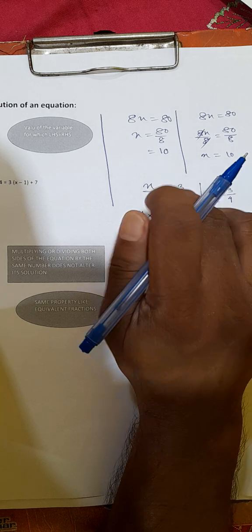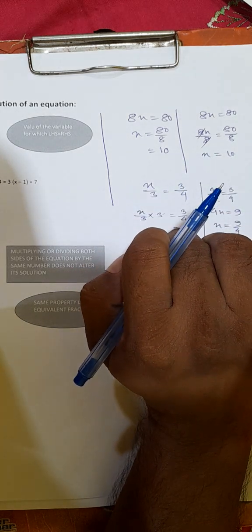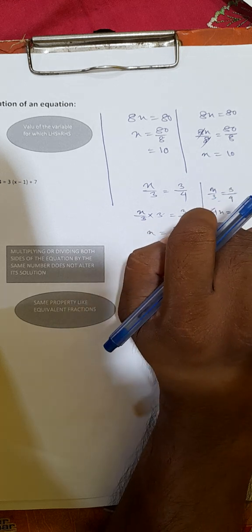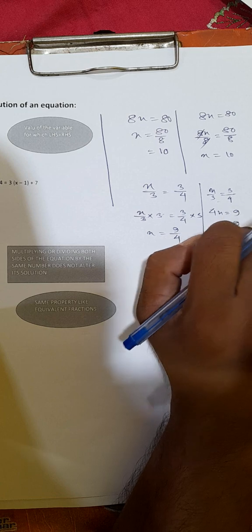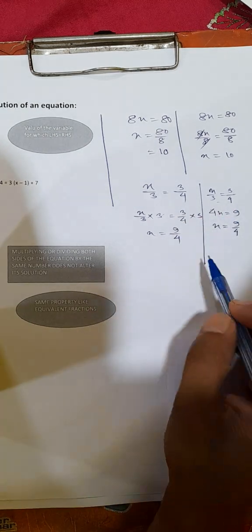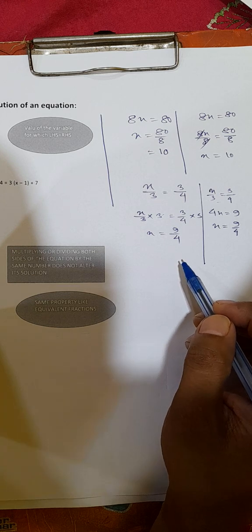So multiplying both sides of the equation by the same number, we find the solution as 9 by 4. Instead of multiplying, we solved it the other way and find that x equals 9 by 4. That means multiplying both sides of the equation will not alter the solution of the equation.